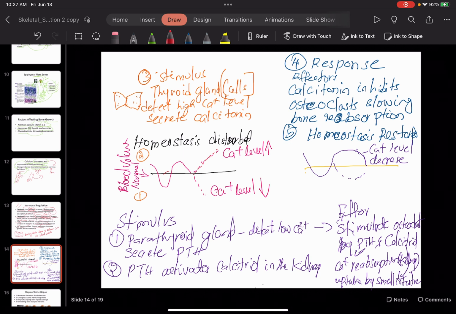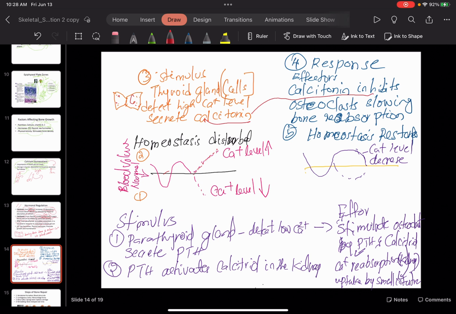So what happens? It stimulates the thyroid gland. If there's too much calcium, the calcium stimulates the thyroid gland, especially the C cells in the thyroid gland. The C cells detect that high calcium level and secrete calcitonin. You remember we talked about calcitonin? What do they do?